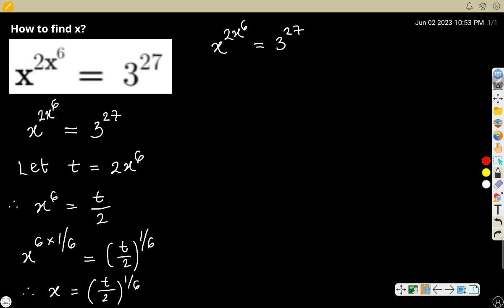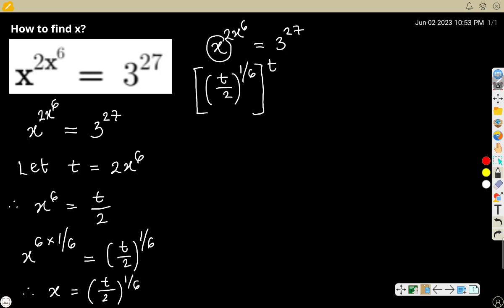So anywhere I see s here, it becomes t over 2 raised to power 1 over 6, then everything raised to power t. So look at it again.